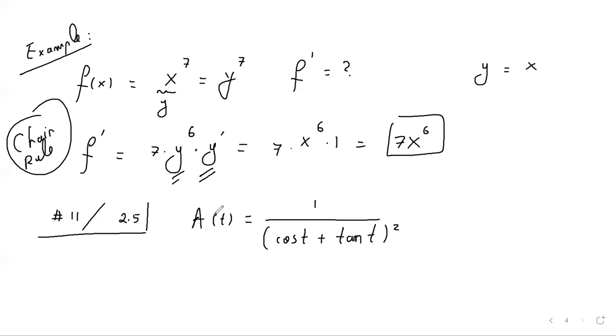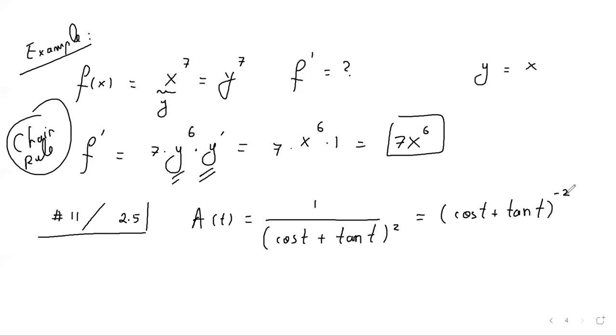All right. So how do we do the derivative of that? Where is the power here? Well, there is a power too, except that the power is negative, which is okay, folks. So again, if you want a calculus-friendly way, you want to rewrite this as cosine t plus tangent t to the negative 2.